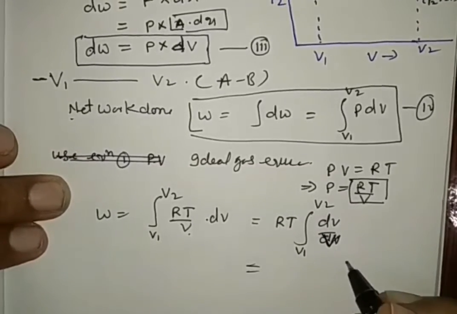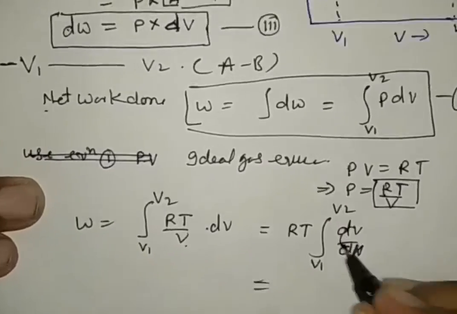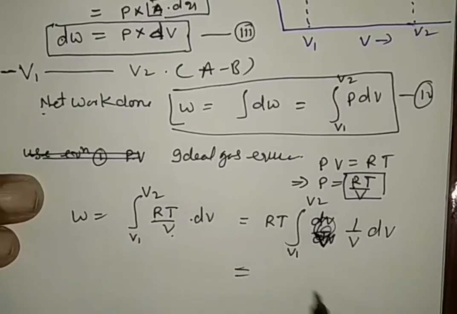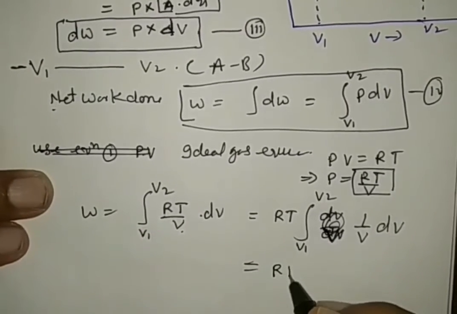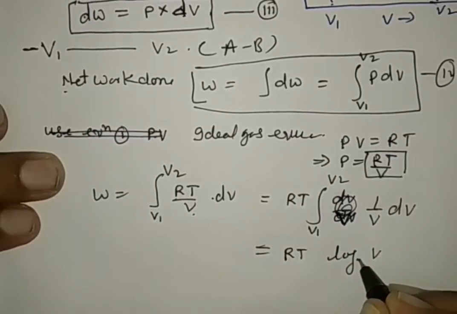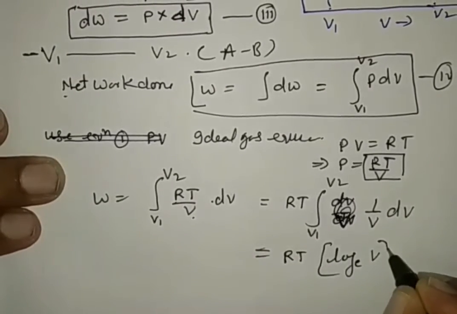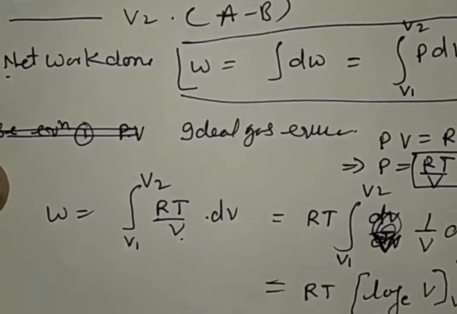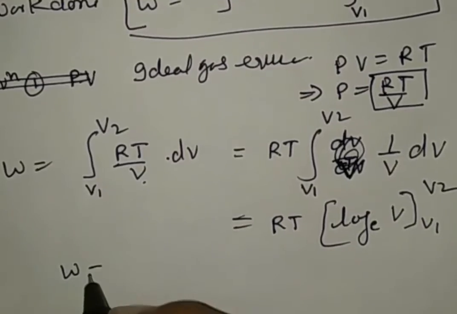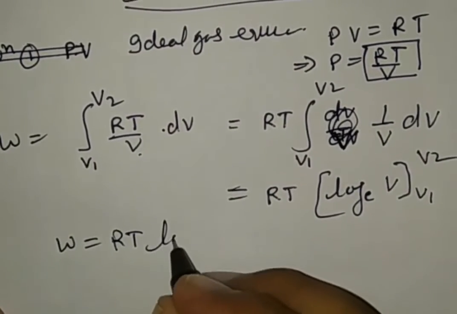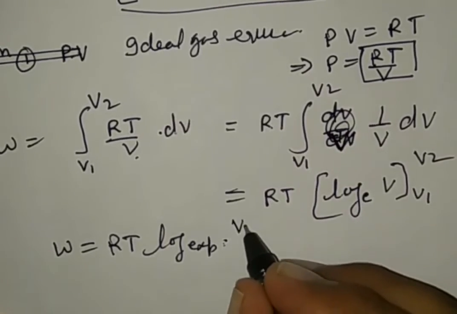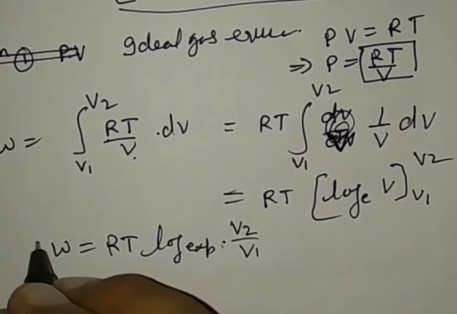We know that the integral of 1 by V dV in this case gives RT log V at the base of exponential from V1 to V2. By putting the limits we may write W is equal to RT log at the base of exponential V2 by V1.